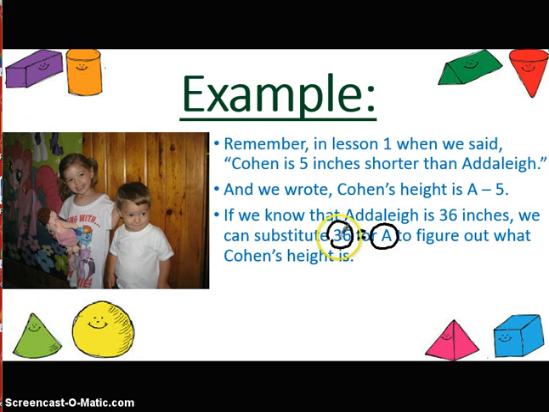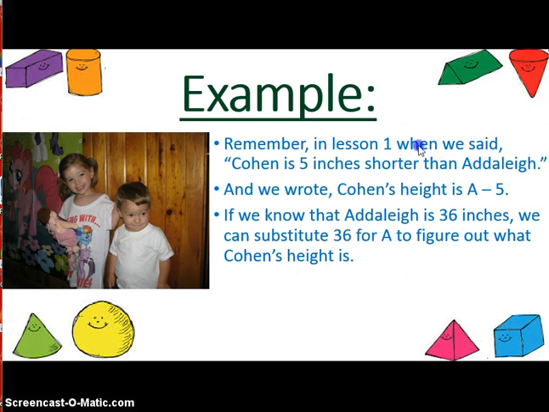A is standing for this amount. So we could use that to figure out what Cohen's height is. Instead of writing A minus 5, we can substitute 36 for A and write 36 minus 5. This changes the expression from algebraic to numeric, and then it can be simplified using order of operations to get 31 inches. Cohen is 31 inches tall.